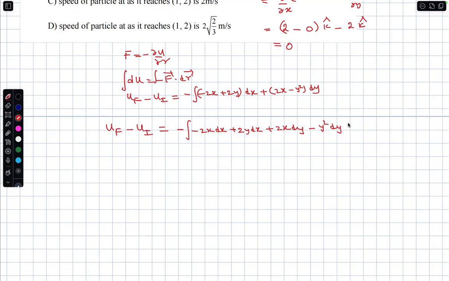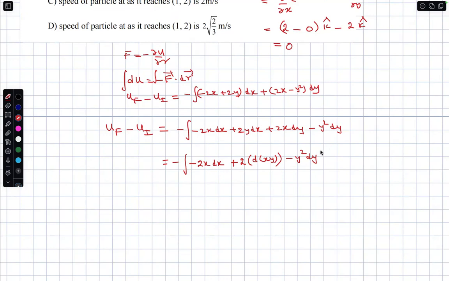So how to run this show? Okay, I still have further options. Minus 2x dx plus 2 times d of xy minus y square dy.